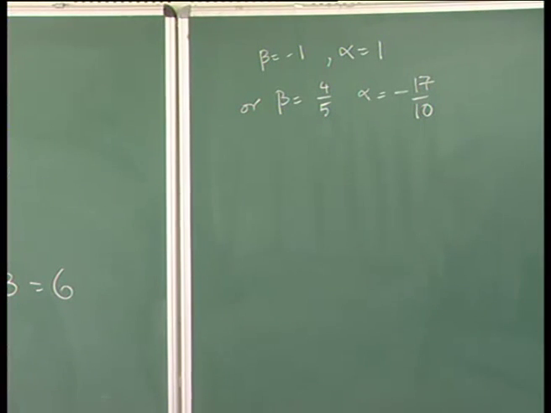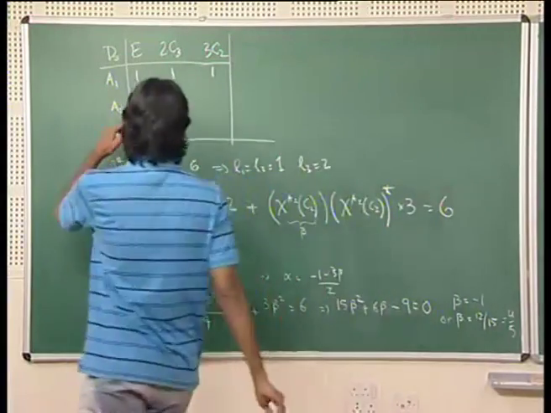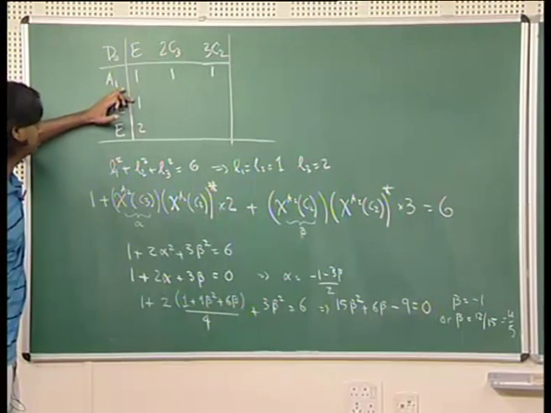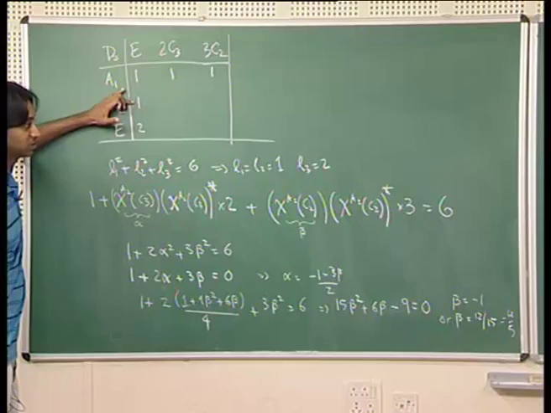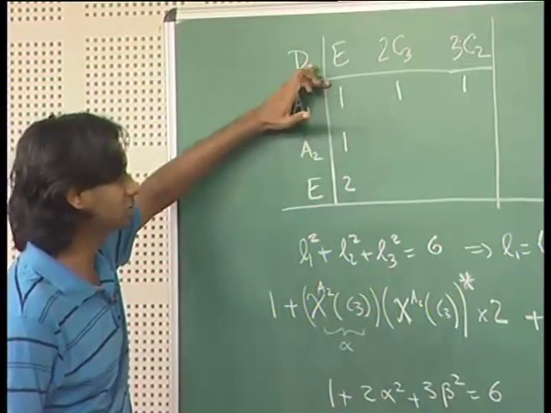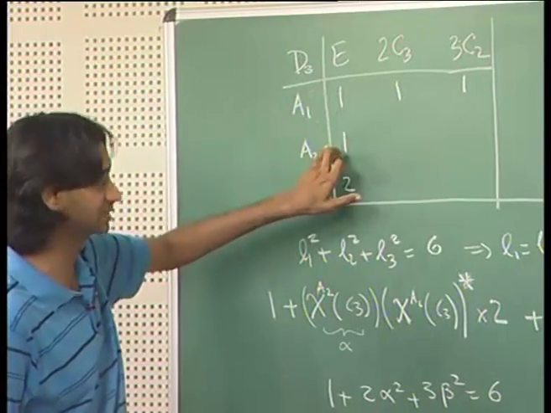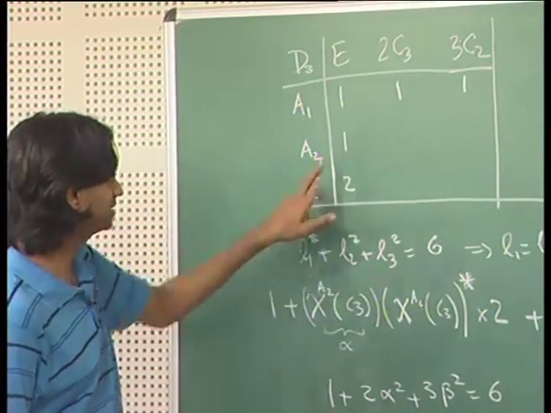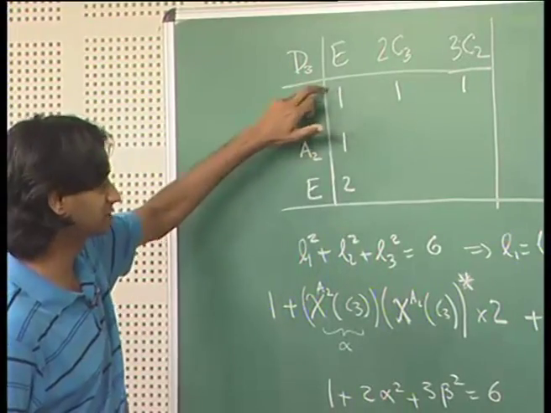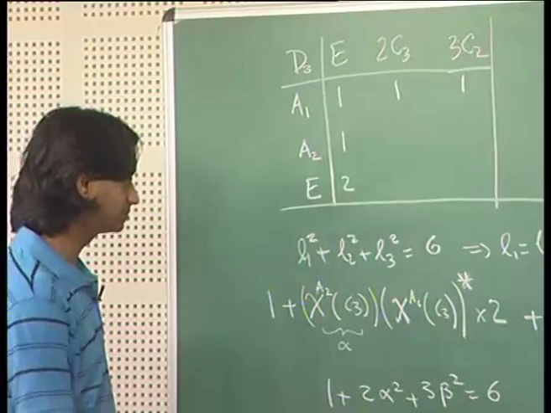So, these are the possibilities. These two choices will first of all be normalized. So, if you sum the squares you will get 1. Okay. Secondly, they will be orthogonal to this. If you sum the squares you will get 6. Secondly, if you take the dot product with this you will get 0. Okay. So, these are the two possible choices.